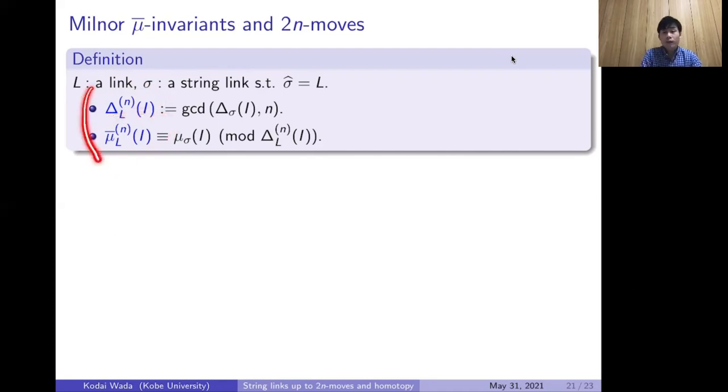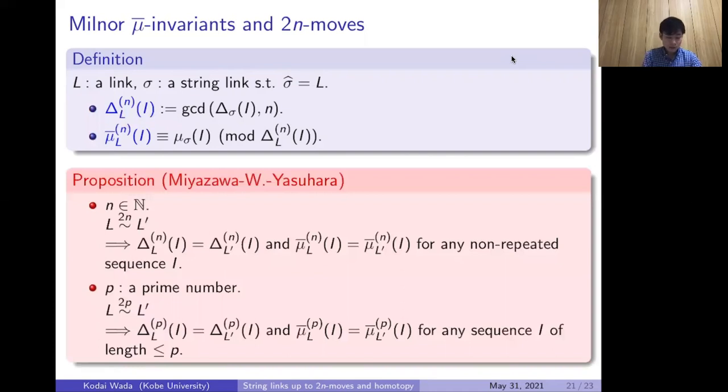For these link invariants, we have the following proposition. This is a link version of the invariance of Milnor invariants under 2n equivalence. Let n be a positive integer.